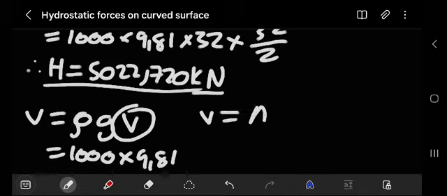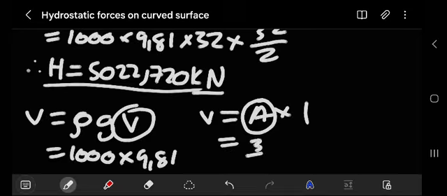Volume is area multiplied by the length or width, which we take as 1. Now the area for the vertical component is 3 over 2 x multiplied by 1.